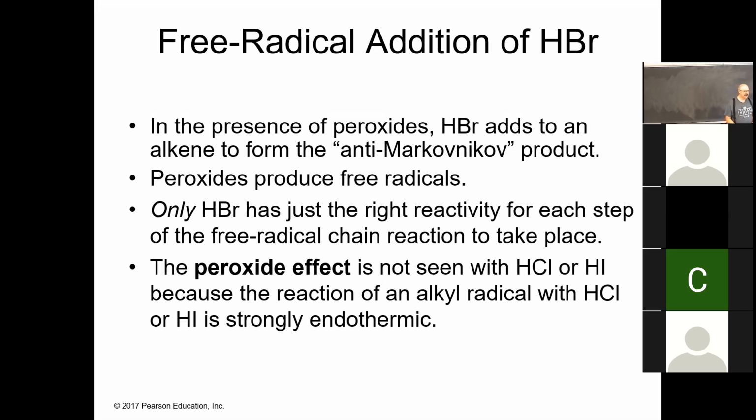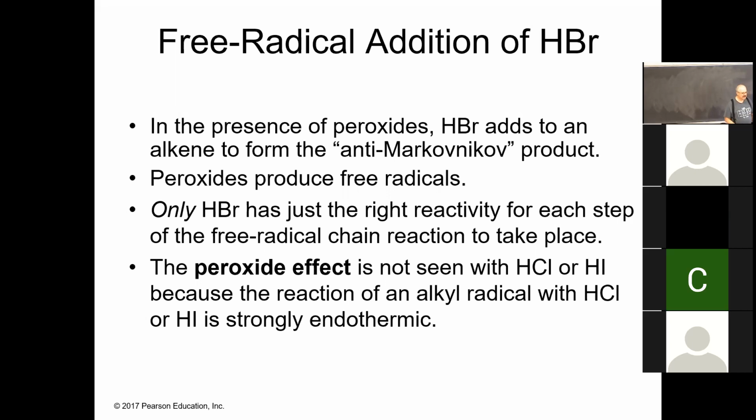The researchers were getting unexpected results, and they found that their alkene was contaminated with peroxides. Peroxides form free radicals. So this is a little bit different mechanism, but this only works with HBr. Only HBr has the right reactivity for each step of the free radical chain reaction to take place.